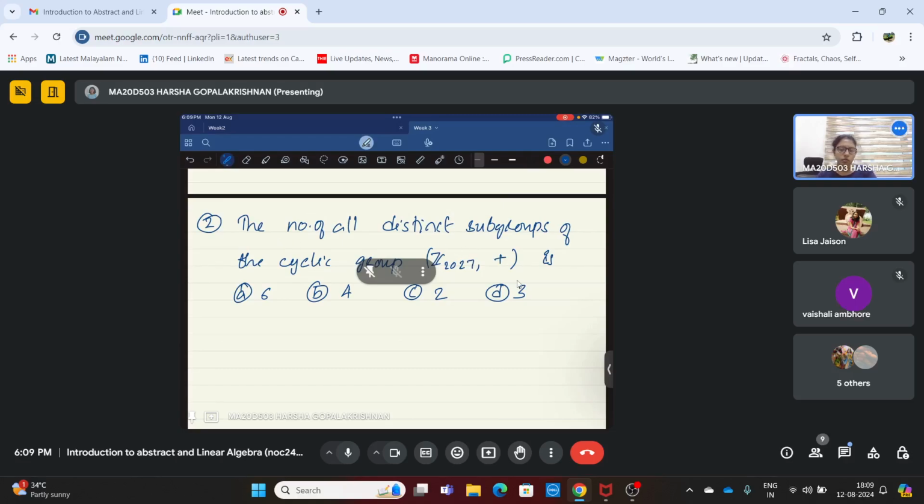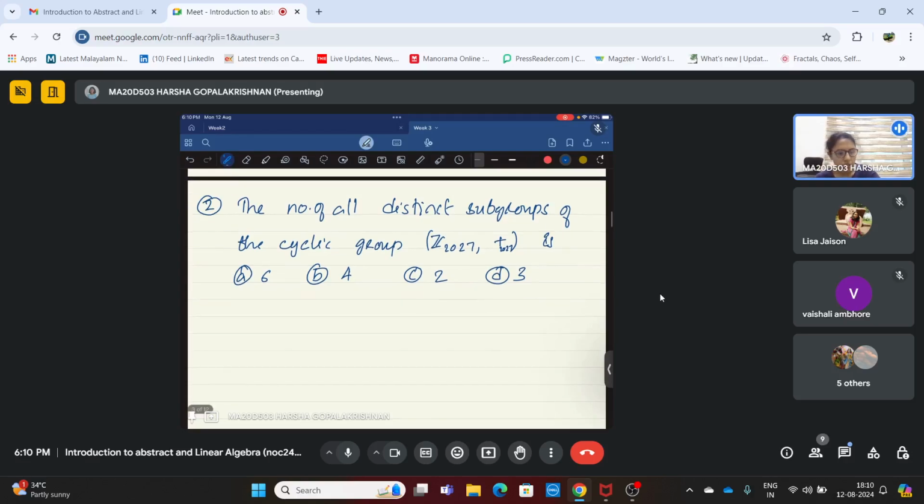Now the question is the number of all distinct subgroups of the cyclic group Z_2027 under plus. Here plus means addition modulo 2027, as I told last week. So how many subgroups are there?